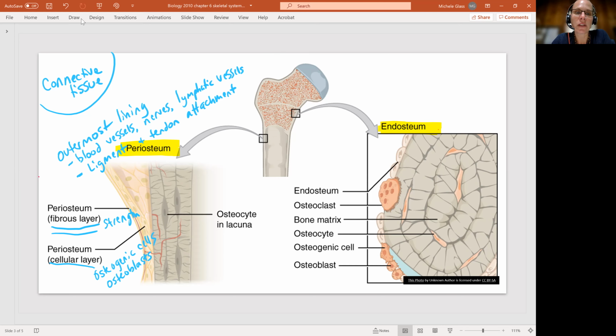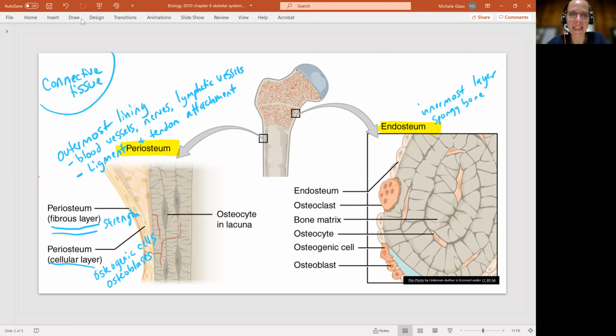The other significant connective tissue to point out here, again, is the endosteum. And this is our innermost layer. It's going to line all of the spongy bone. Remember, you can imagine spongy bone as a lattice-like network. So you have something that looks like a sponge, right?